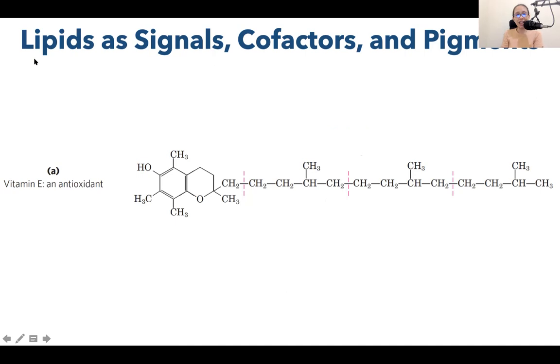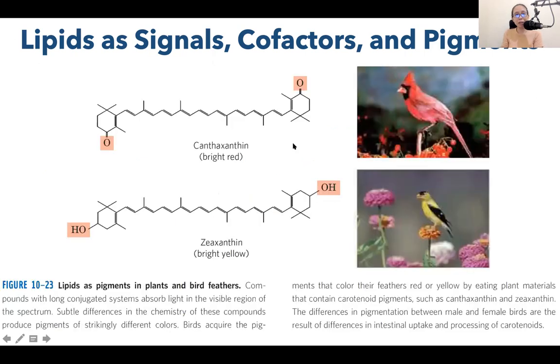And then lastly, you have some lipids that act as pigments. So they are light-absorbing molecules. Hence, they are the ones that cause colors. For example, in the feathers of birds, you have these molecules that give the red color and the yellow color. Interestingly, the differences in pigmentation between male and female birds are the result of differences in intestinal uptake and processing of carotenoids.